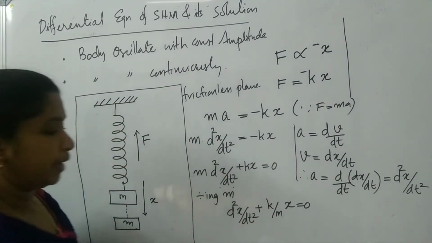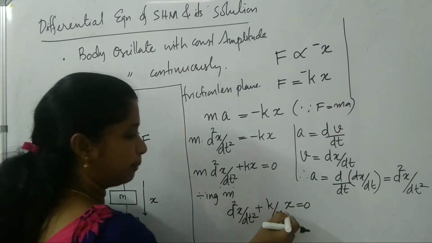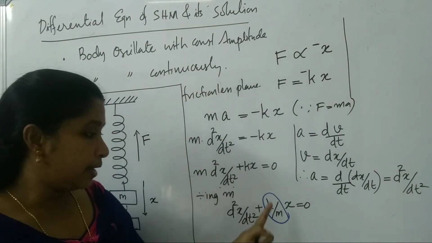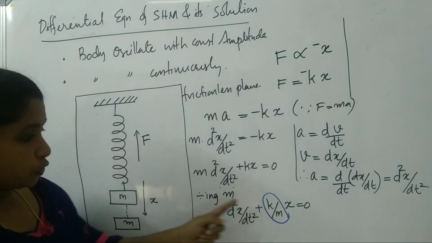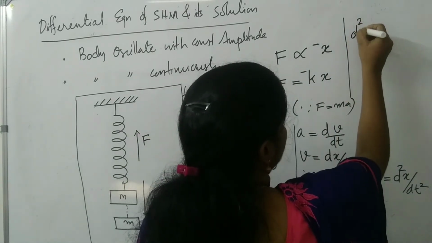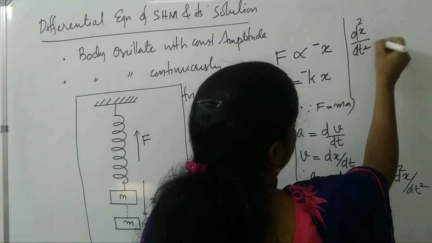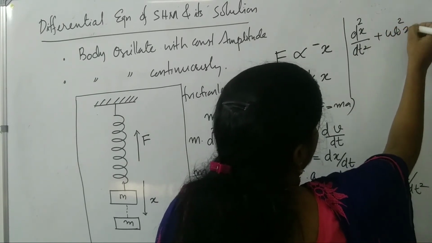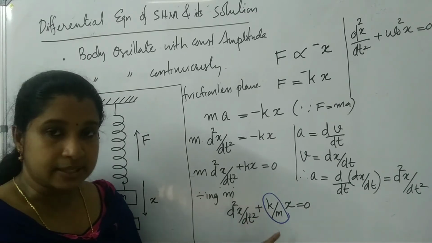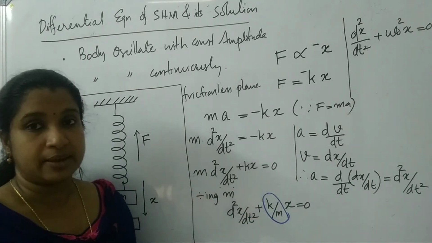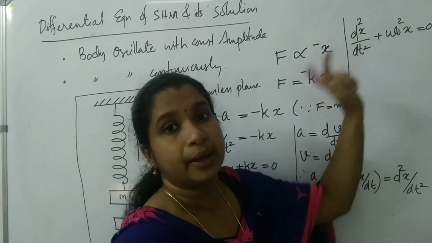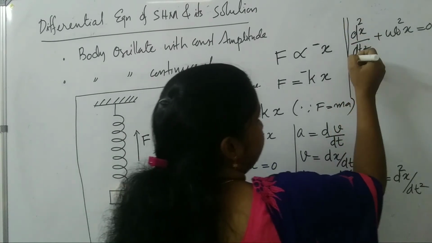What is k? k is the force constant and m is the mass suspended. So we write k by m equal to omega 0 square. So d square x by dt square plus omega 0 square x equals 0. k is a constant, m is another constant, so k by m is another constant, equal to the square of the angular frequency.